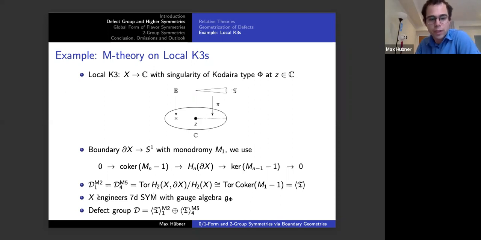So far we would say that we've engineered a relative 7D super Yang-Mills theory with gauge algebra determined by the Kodaira singularity, and the defect groups of the theory are M2 branes and M5 branes wrapped on this cigar.